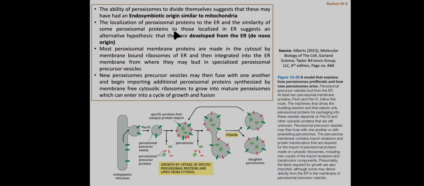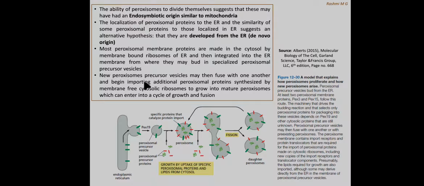So the localization of peroxisomal proteins to the ER and the similarity of some peroxisomal proteins to those localized in ER suggests the alternative hypothesis that peroxisome has developed from the ER, which is known as de novo origin. Most peroxisomal membrane proteins are made by membrane-bound ribosomes of ER and then integrated into the ER membrane, from where they may bud in specialized peroxisomal precursor vesicles.